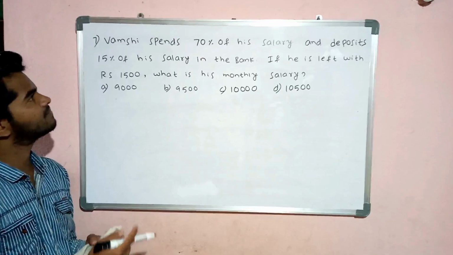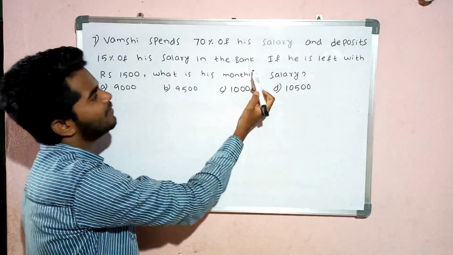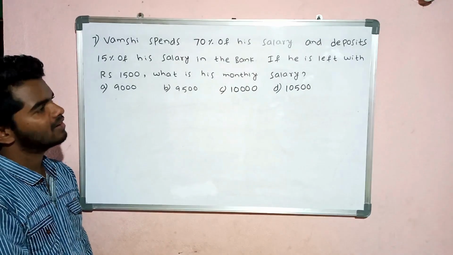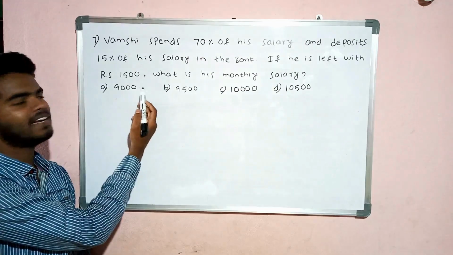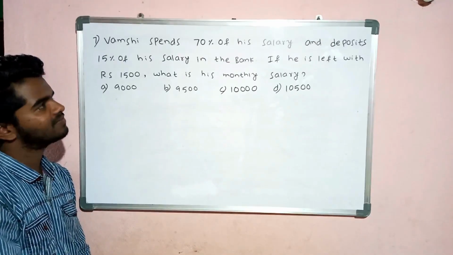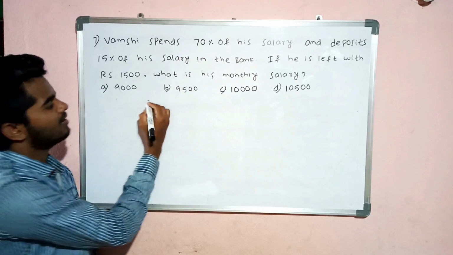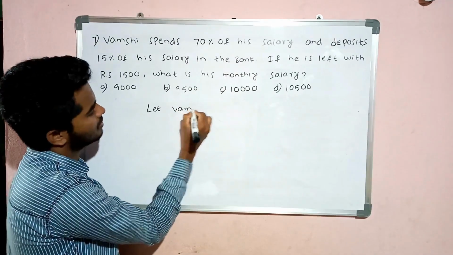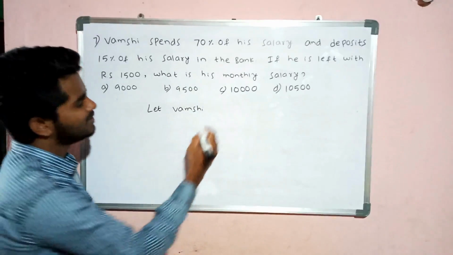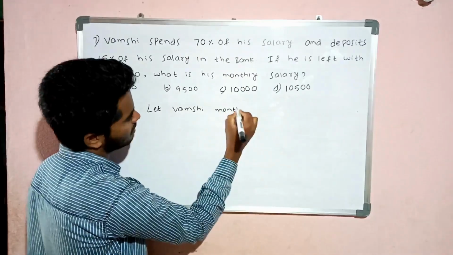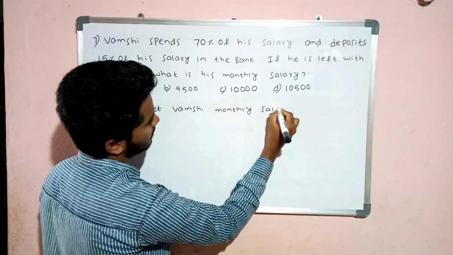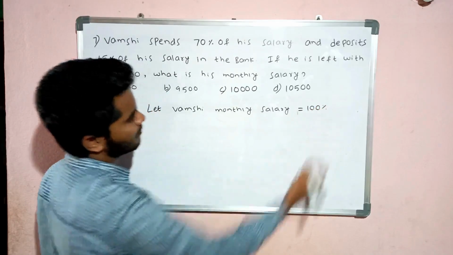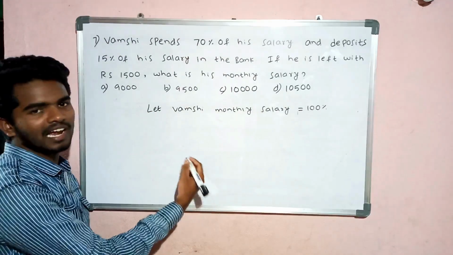Question number 7. Vamshi spends 70% of his salary and deposits 15% of his salary in the bank. If he is left with 1500 rupees, what is his monthly salary? Let Vamshi's monthly salary be 100%.